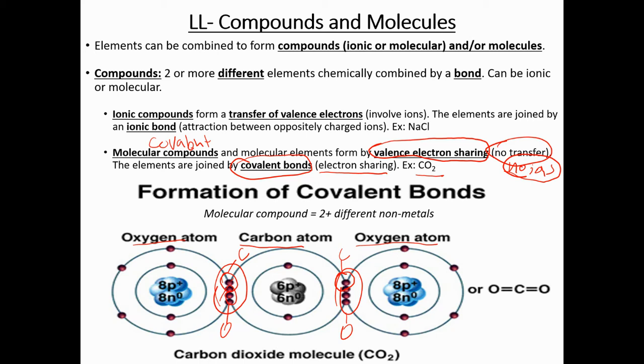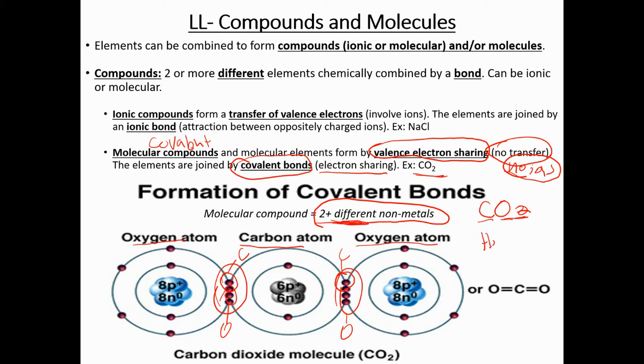Molecular compounds usually happen between two or more different non-metals. There are exceptions, but that's a general rule. If you see only non-metals that are different, you have a molecular compound. So for example, CO2, these are both non-metals, so that's a molecular compound. You can still have molecules form by sharing.